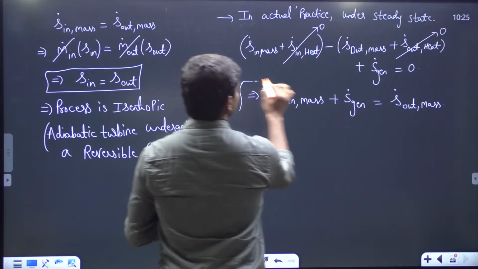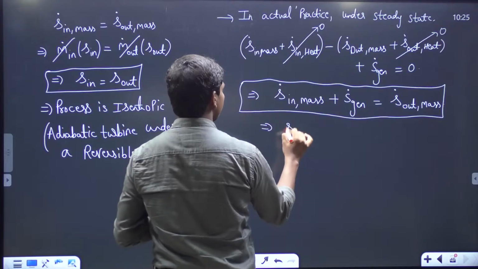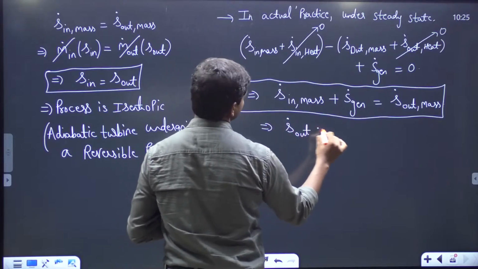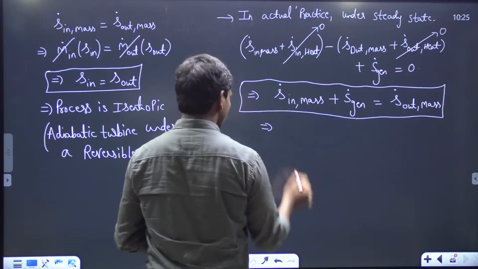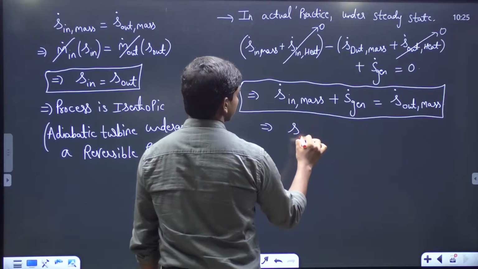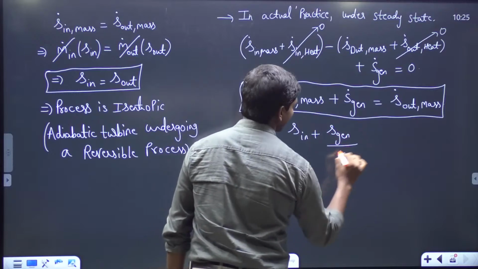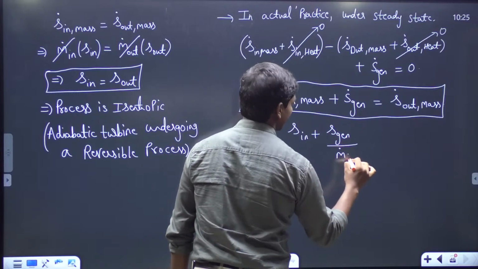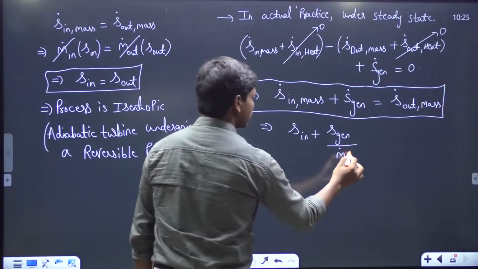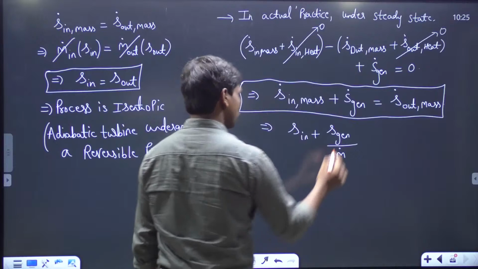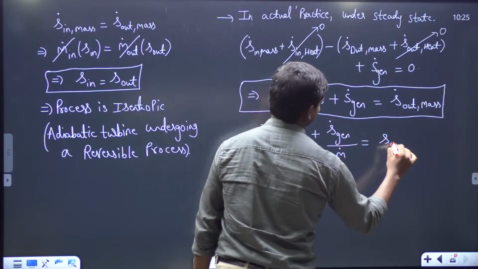Now if I try to draw these two conditions, S outlet will be a bit greater than S inlet. Okay, let us remove these dots. So see here, S inlet plus S generation divided by m dot, inlet or outlet, because at steady state both are the same, doesn't matter, is equal to S out.